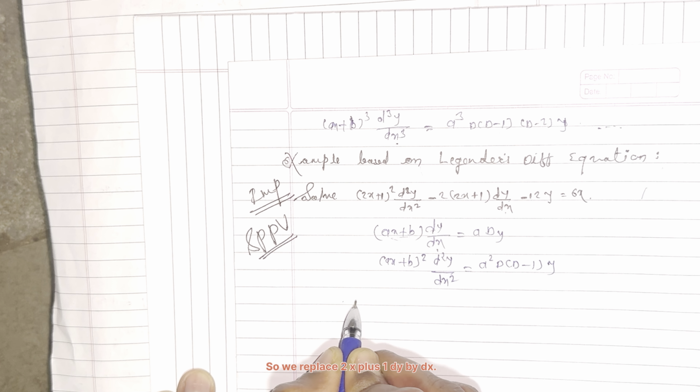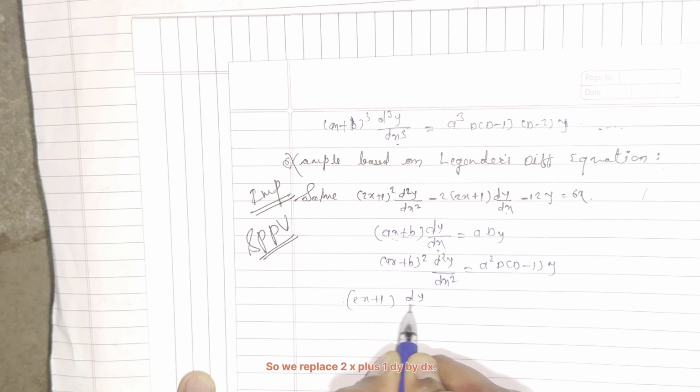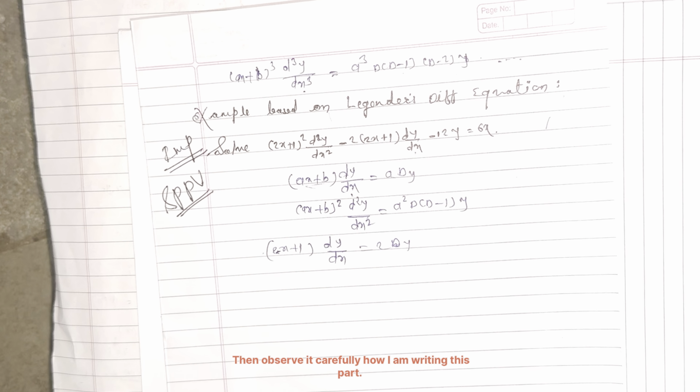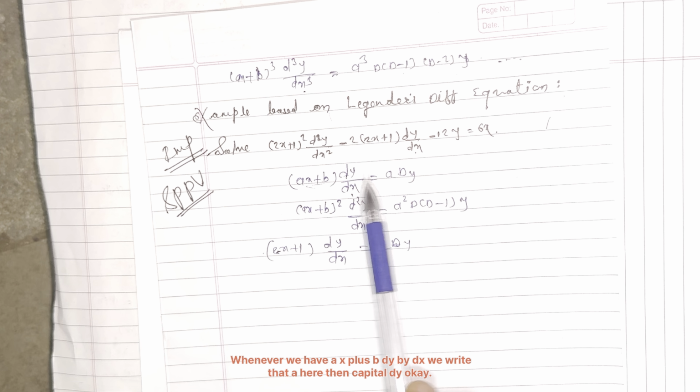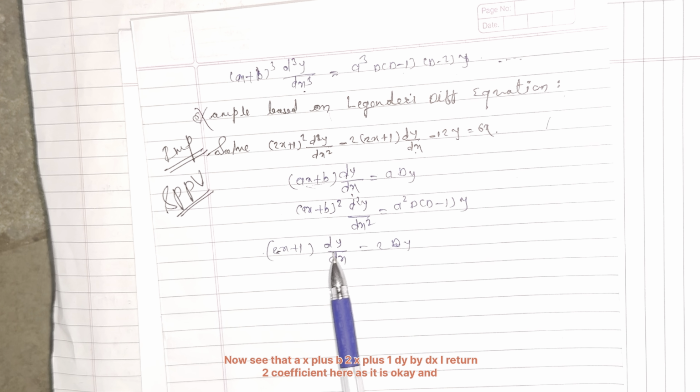Whenever we have (ax plus b) dy by dx, we write that a here, then capital D y. A into D y means a equals 2, so 2 into D y. Observe carefully how I am writing this part: I write the coefficient as it is, and a capital D y. Similarly, go for the replacement of these values.